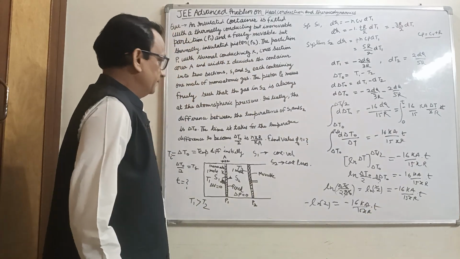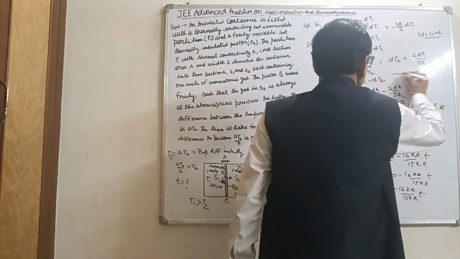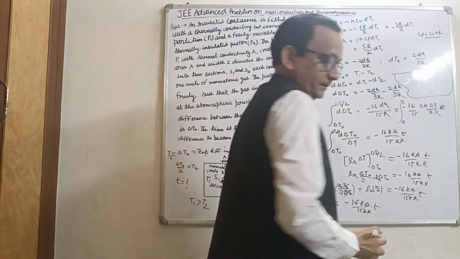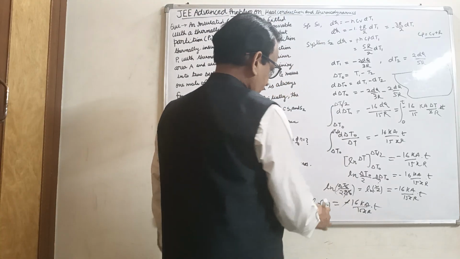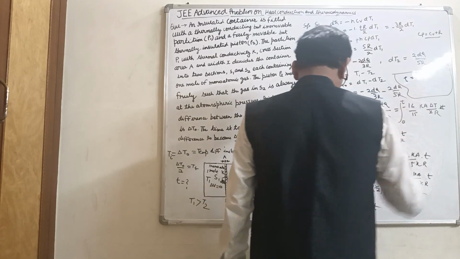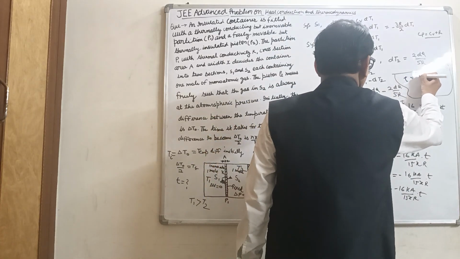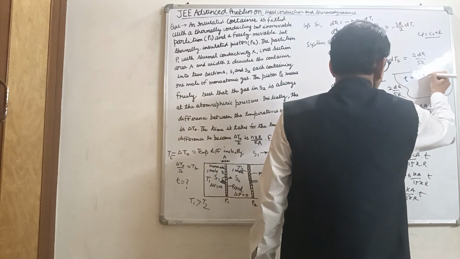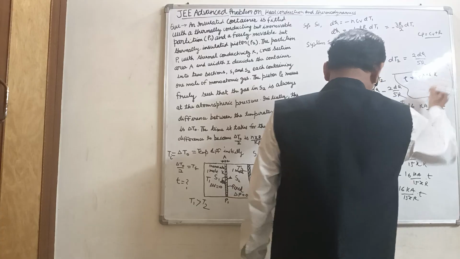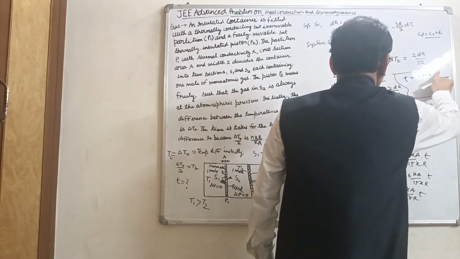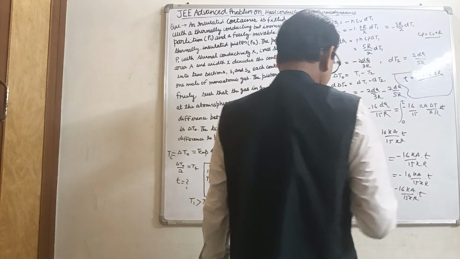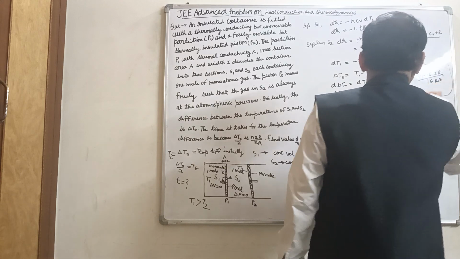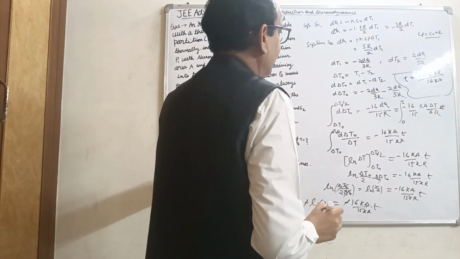So the value of T would be, the minus signs cancel, so T would be natural log 2, approximately 0.7, into 15 x r upon 16 K A. So we have to find the value of n here.